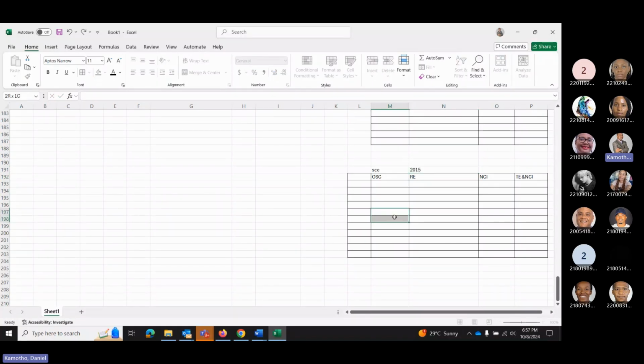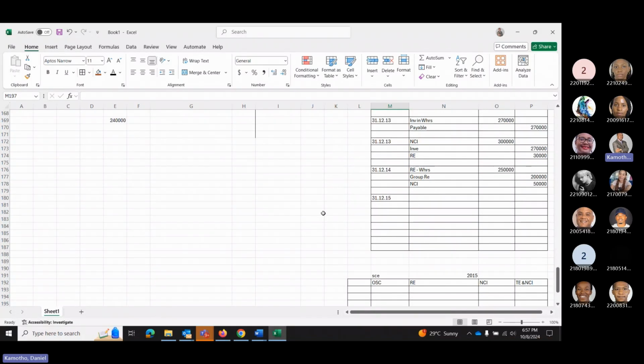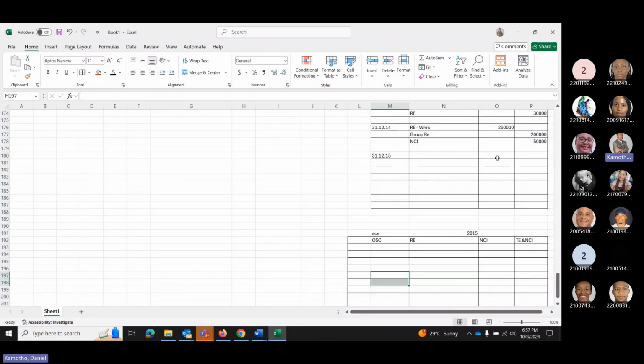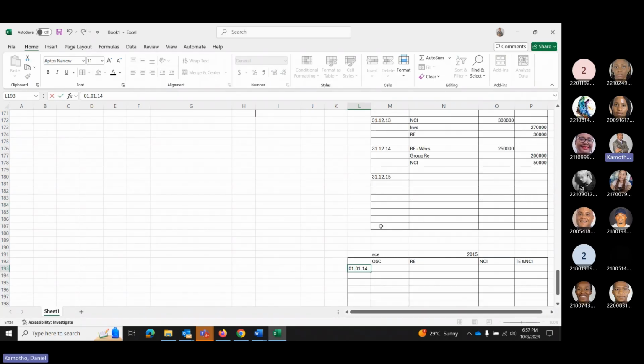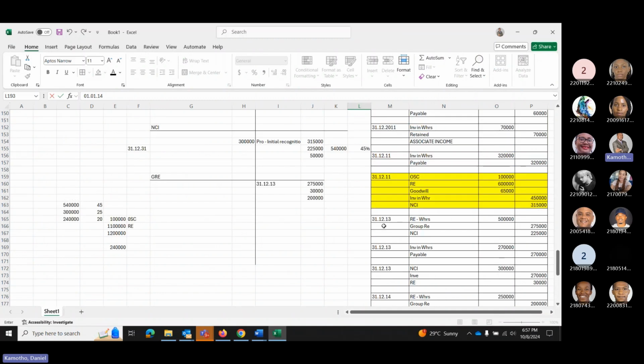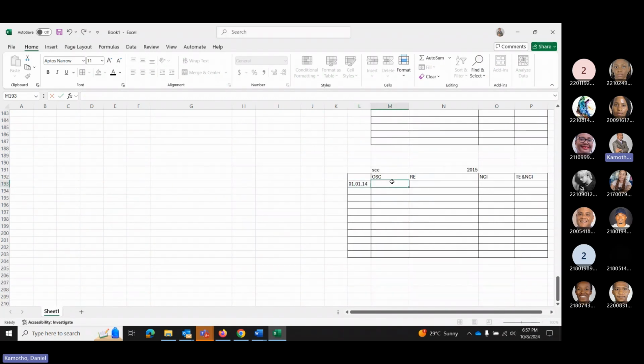So we want to work out how it should have been, and then we will know. We can go and work out, before we do the 2015, the statement of profit and loss and take the movement there. So what we want to do is, on the 1st of January 14, the ordinary share capital that we will have is the ordinary share capital of the parent, because the one of the subsidiary is eliminated.